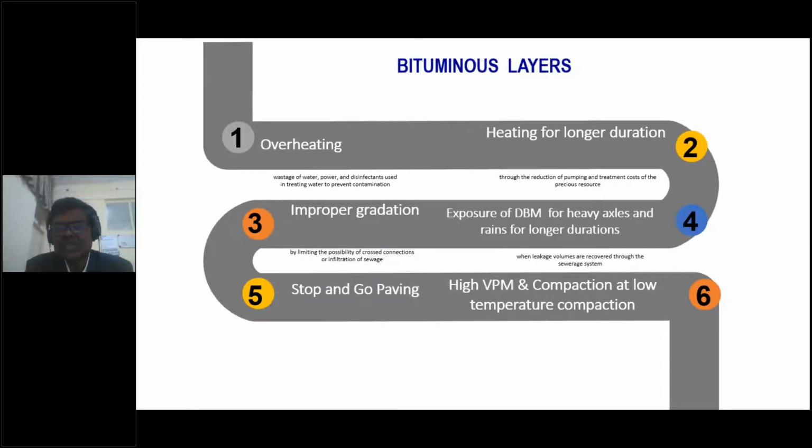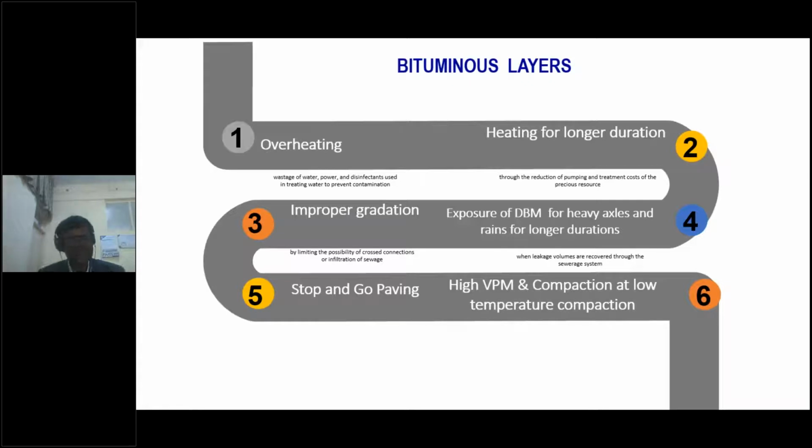So then come the bituminous layers, after discussion of soil layers and granular layers. Now let us look at some important aspects of bituminous layers. Many times we overheat the bitumen, because many times the quality control engineers, when the mix is delivered at the site, first check the temperature at the site before paving and rolling. It's a very important property, because it's a viscoelastic material.